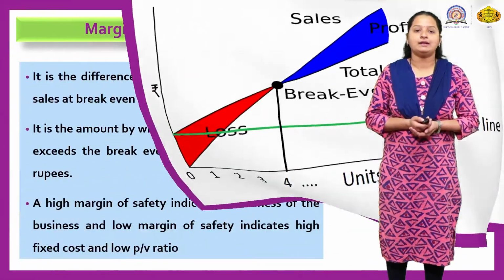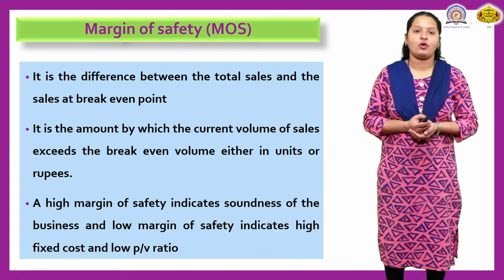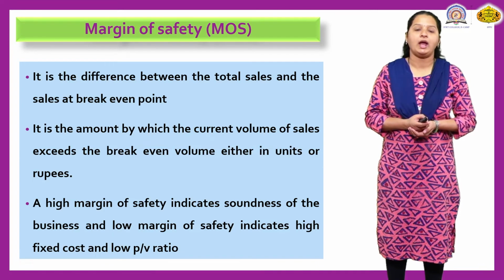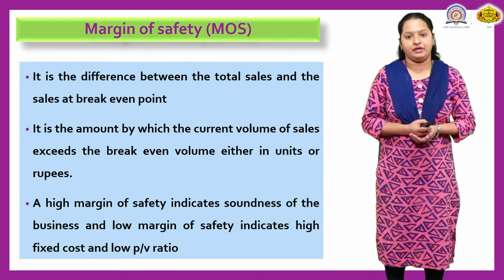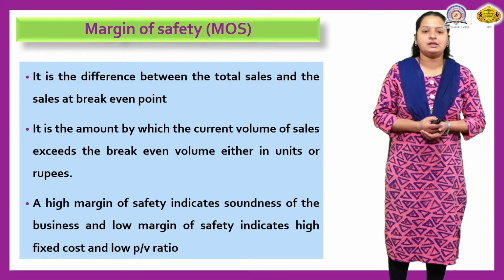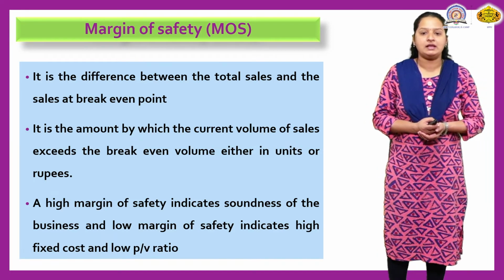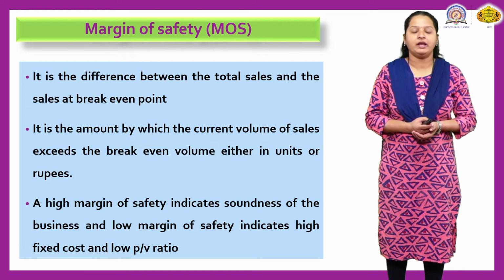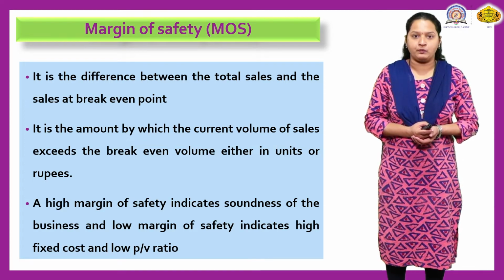Now, let us understand the next concept, which is known as margin of safety, in short MOS. It is the difference between the total sales and the sales at break-even point.